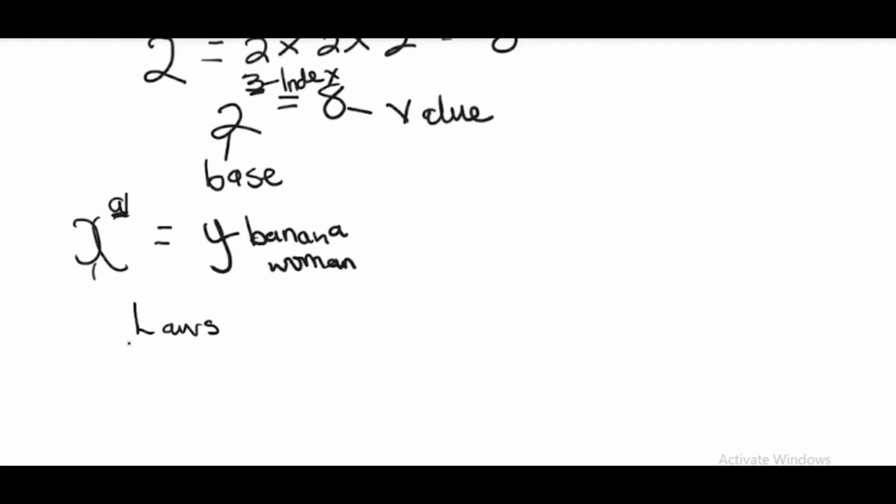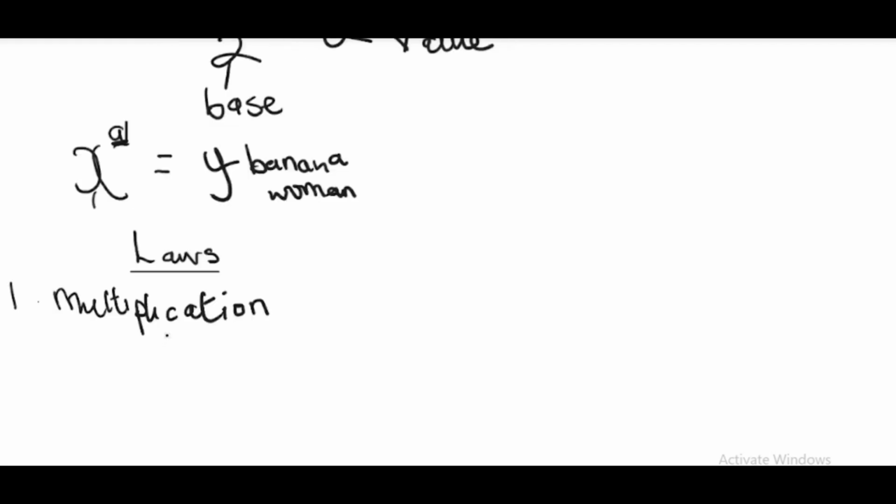What are the laws of indices? The first one is multiplication, or the product law. Now, forging ahead, just note that the laws of indices can only be applied when bases are the same.